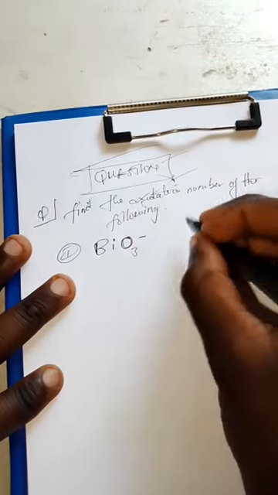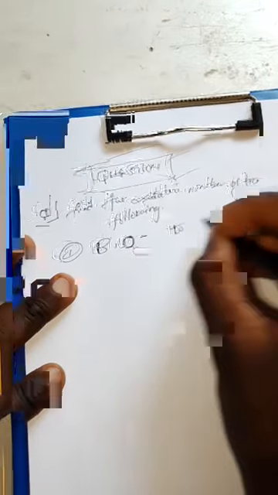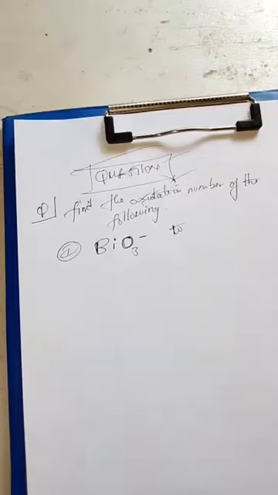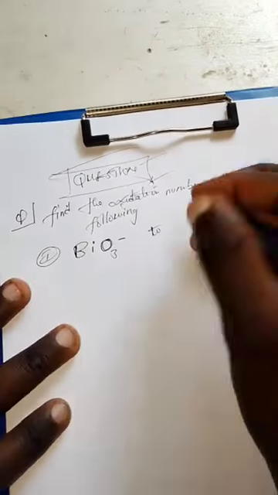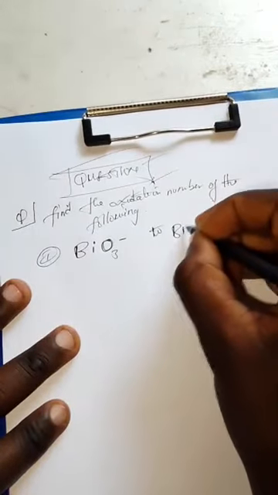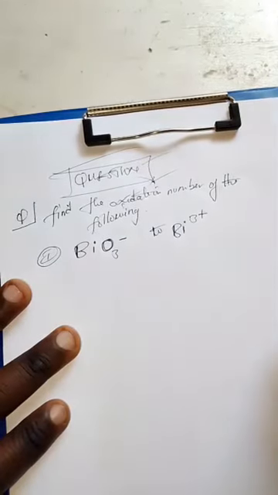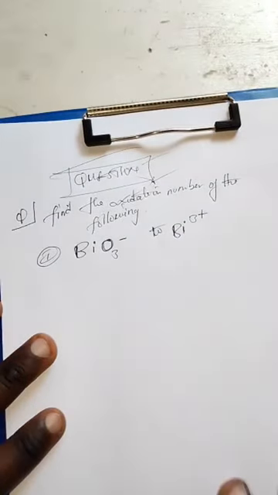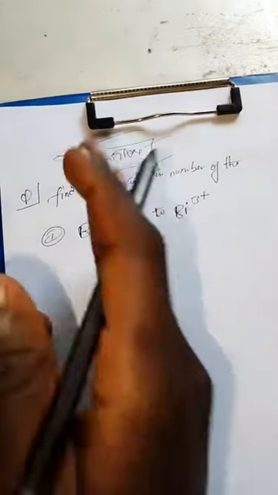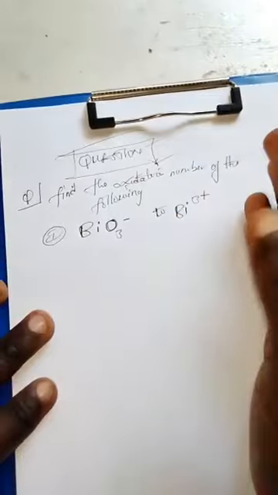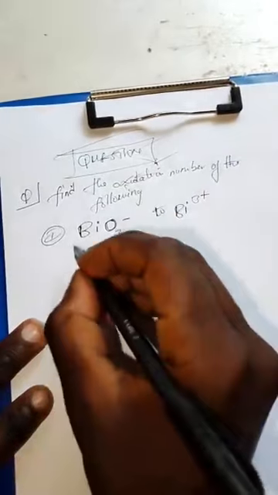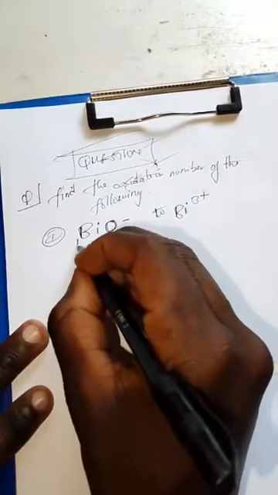Then 2. So we calculate the oxidation number for this one first, then we also calculate for this one. Okay, so let's find the oxidation number for this one.